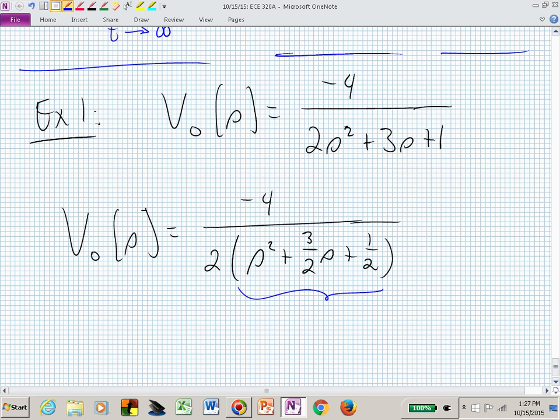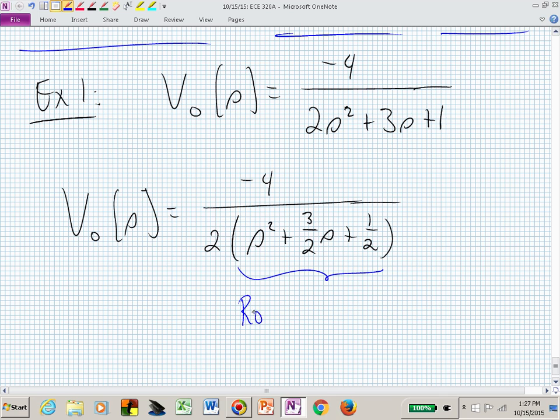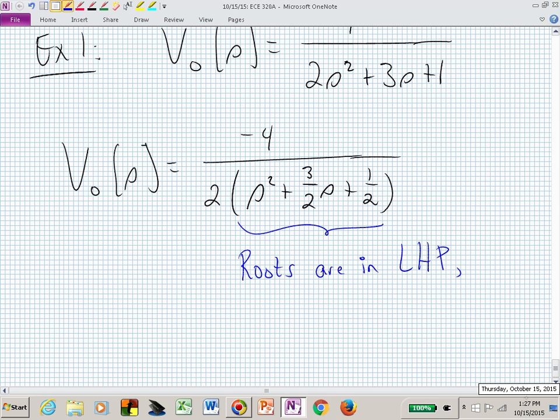The reason, okay, so let me just say that. The roots of this, and may I abbreviate that to be LHP, because I know you're tweeting this lecture. So now the roots are in the LHP, the left half plane, and the reason is, what's the order of that polynomial?